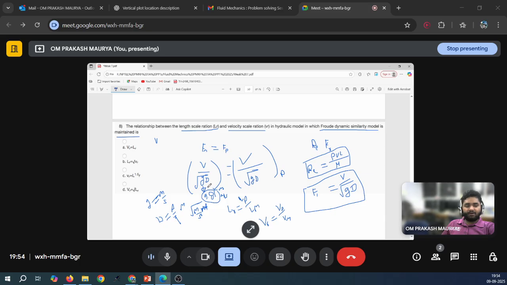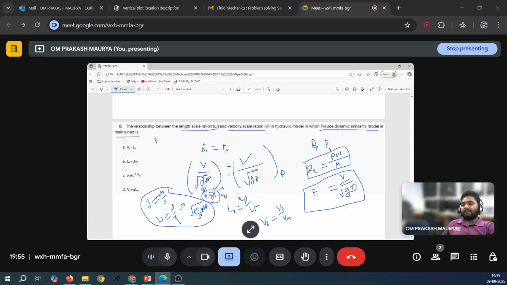So we will not consider it. Remember please, such mistakes should not be done, because G is a constant value, 9.81. For a constant, it will not be involved in the dimensional analysis.